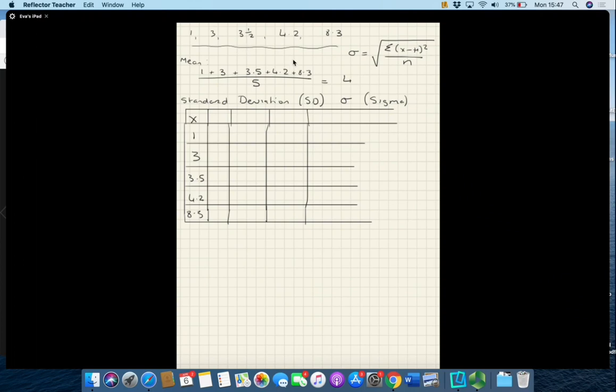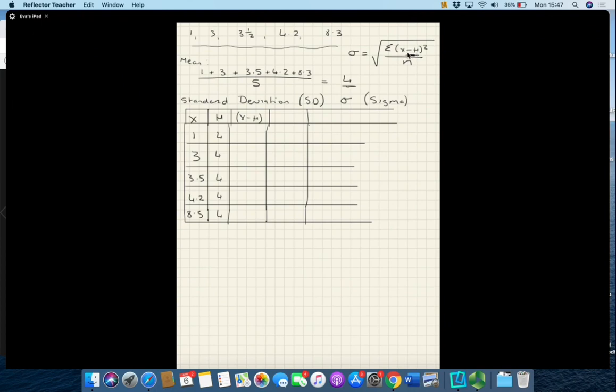Okay, so the first part of that formula I'm just reading over here is telling me x minus mu. Okay, so mu is your mean. We calculated that to be 4, so that's the same all the way down. So my next column then is x minus mu. Okay, so I'm just doing that inner part of that formula.